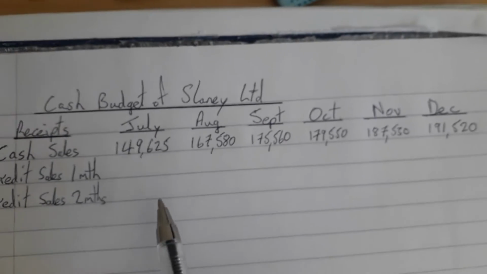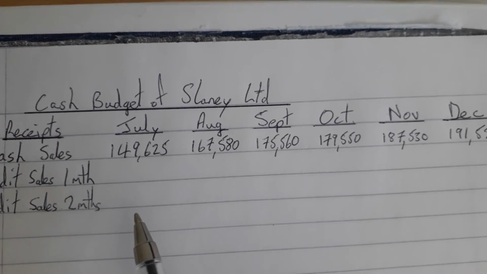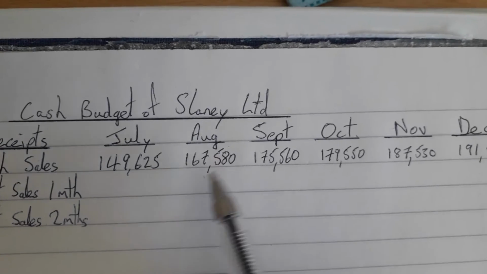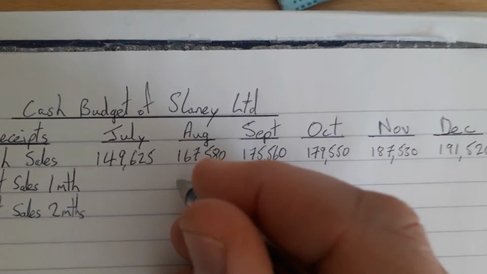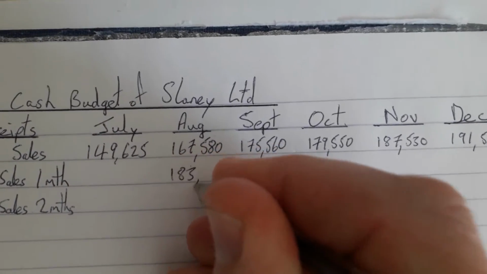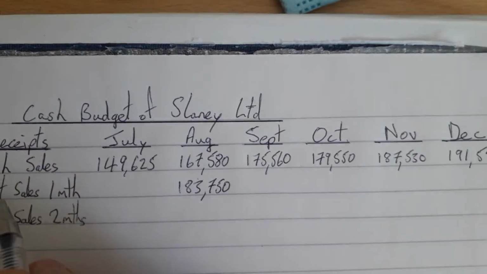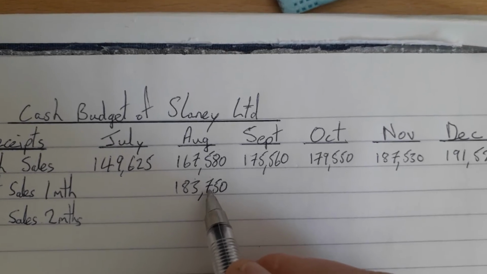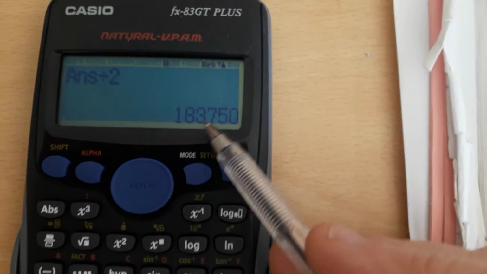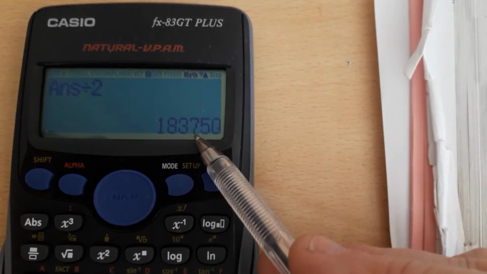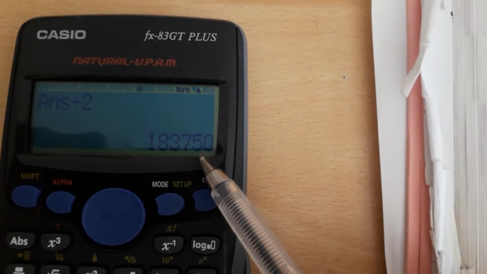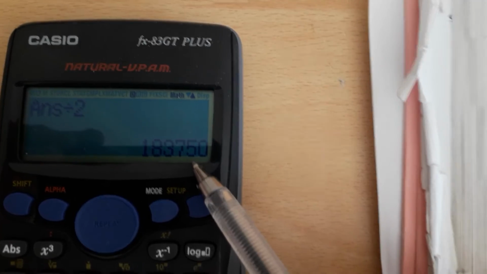So if it's July sales we were talking about, then 1 month after July is August. So we put that 183,750 into the August column. It was 1 month later, which was August. Okay, but also the other half of that 70% of credit sales, which is also 183,750, is going to be paid 2 months after the sale occurred.